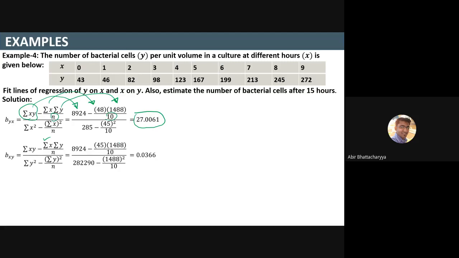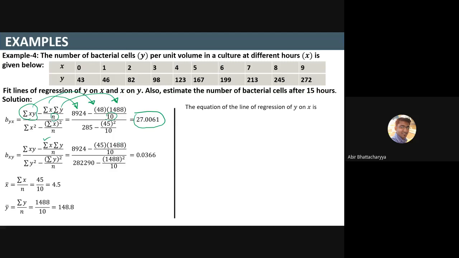Now bxy, similarly, we get using the formula. Once we have calculated byx and bxy, next we calculate r. You can go for x bar and y bar: x bar is summation x by n, y bar is summation y by n, the arithmetic means of x and y.